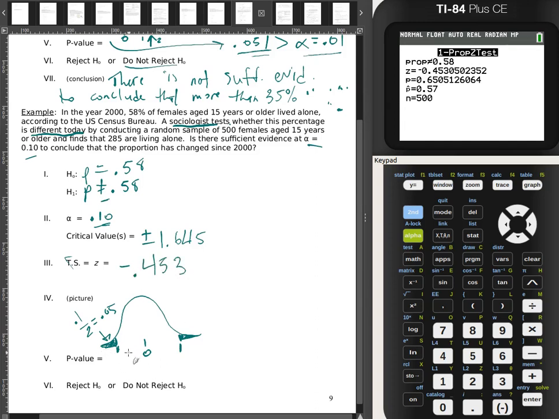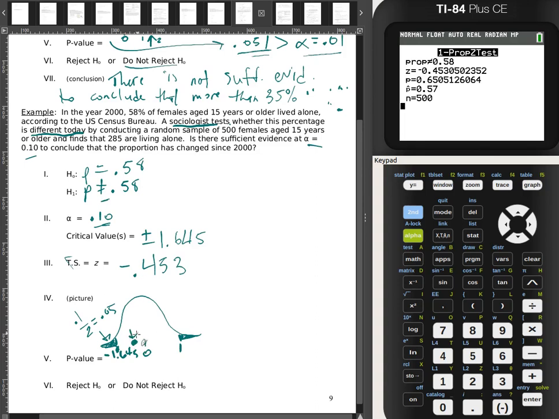If we draw that on our picture, this is the value negative 1.645. I'll write it so I don't get it mixed up with the p-value. Ours is almost negative 1/2, so maybe about here.